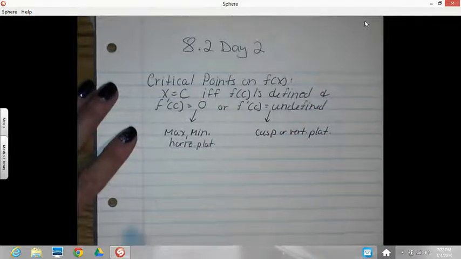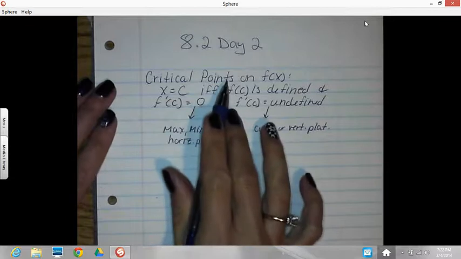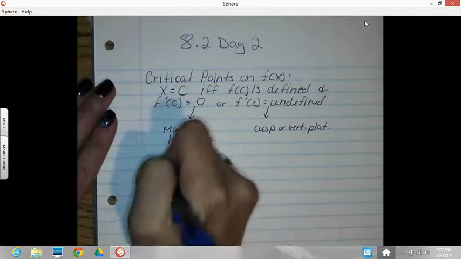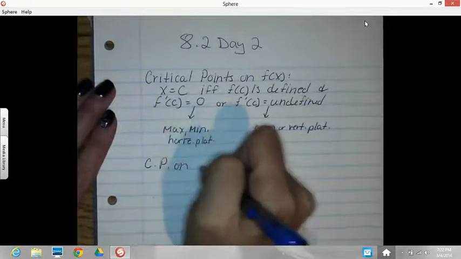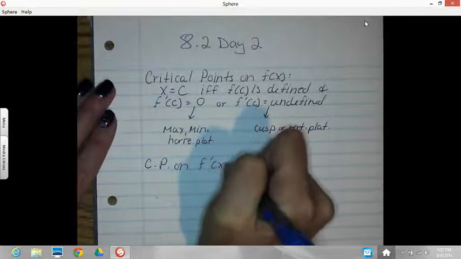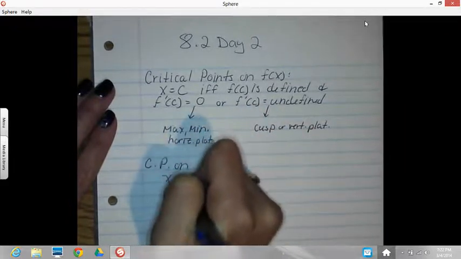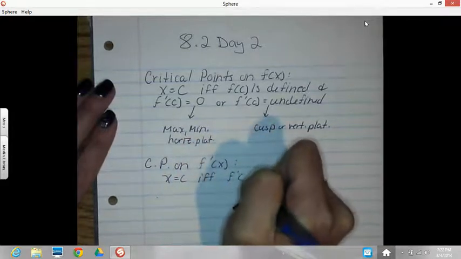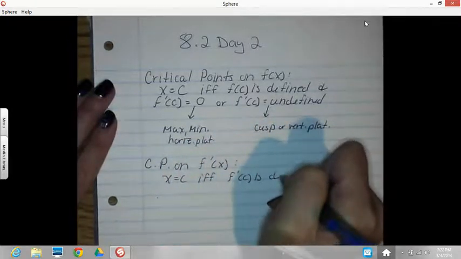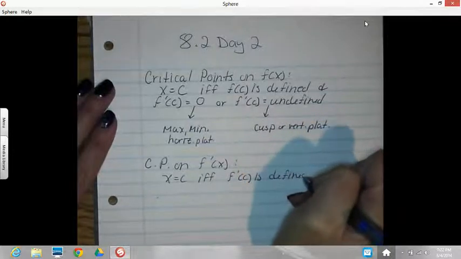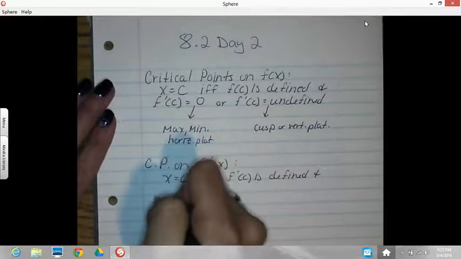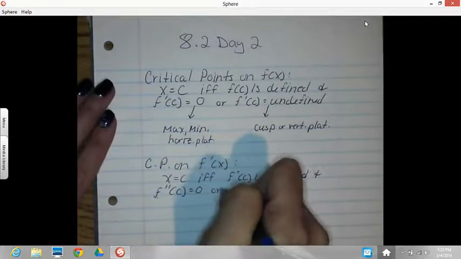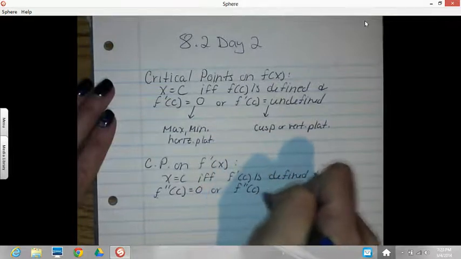All right, and we're also going to be finding critical points on the derivative function. So, critical points on the first derivative function happen at c if and only if f prime of c is defined and the second derivative equals 0 or the second derivative is undefined.